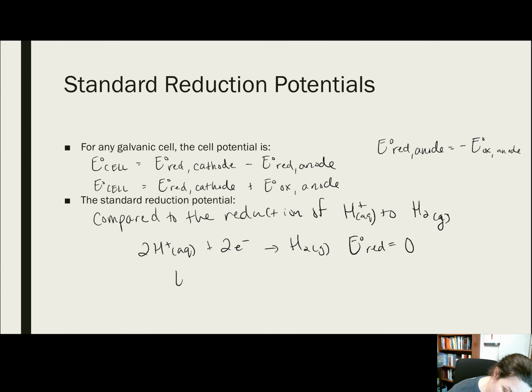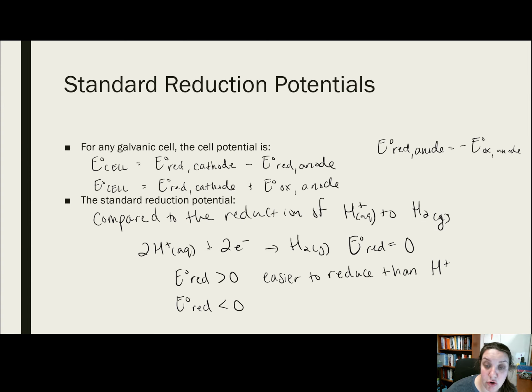So if we have a value of a reduction potential that is greater than 0, it means it is easier to reduce than H+. If we have a reduction potential that is less than 0, it is harder to reduce than H+.